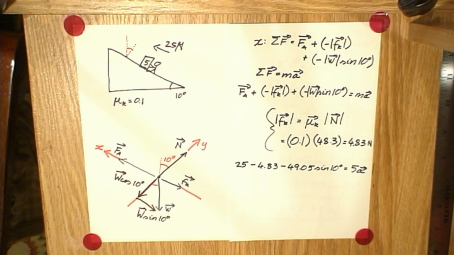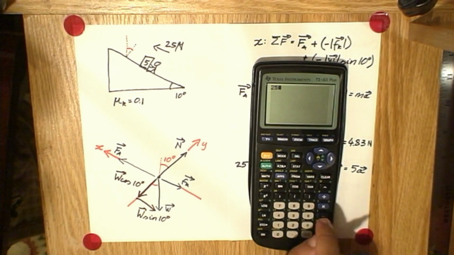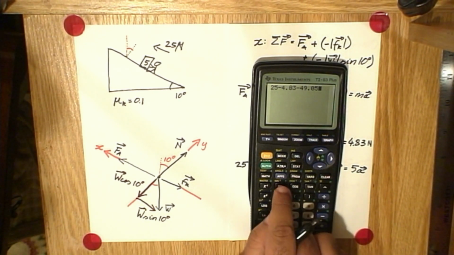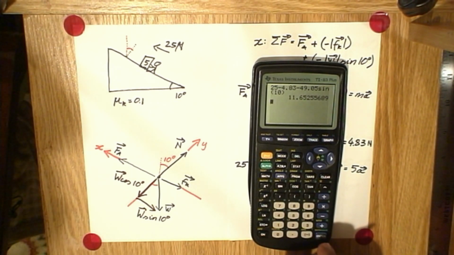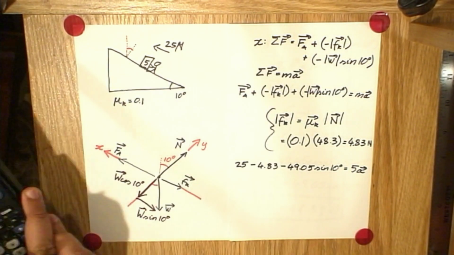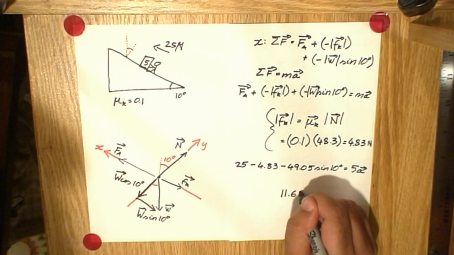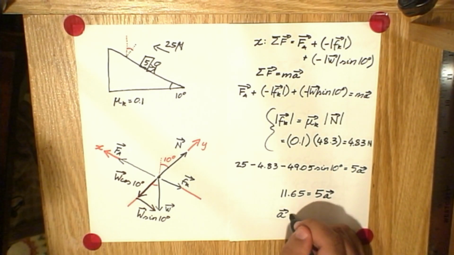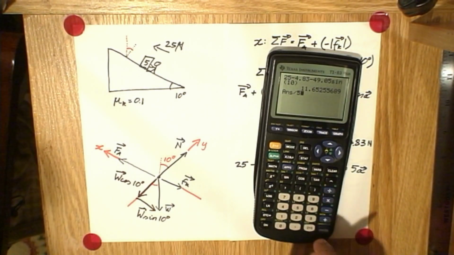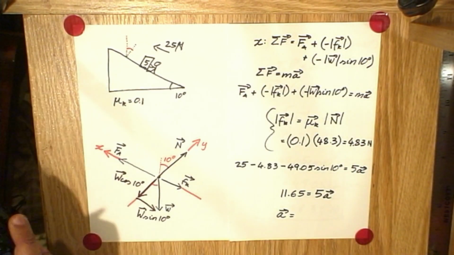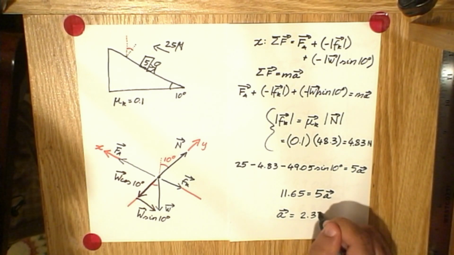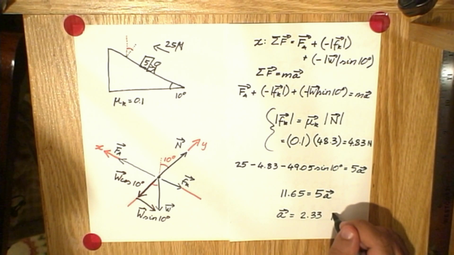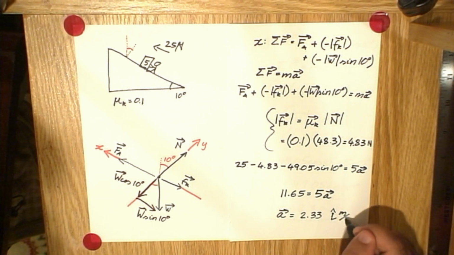So, 25 minus 4.83 minus 49.05 times the sine of 10 degrees gives us 11.65. So 11.65 is equal to 5 times the acceleration. So the acceleration is 11.65 divided by 5, which is 2.33. And this would be in the i hat direction, and this would be in meters per second squared.